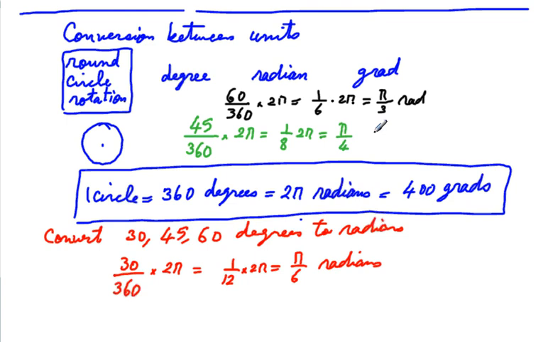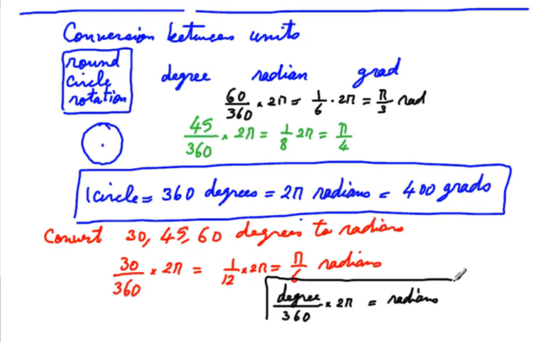So in short, degrees divided by 360 times 2 pi is going to be your measure in radians. What if you wanted to go backward? Let's go ahead and do that on another page. If you want something to memorize, but it's better to understand where this whole thing comes from.